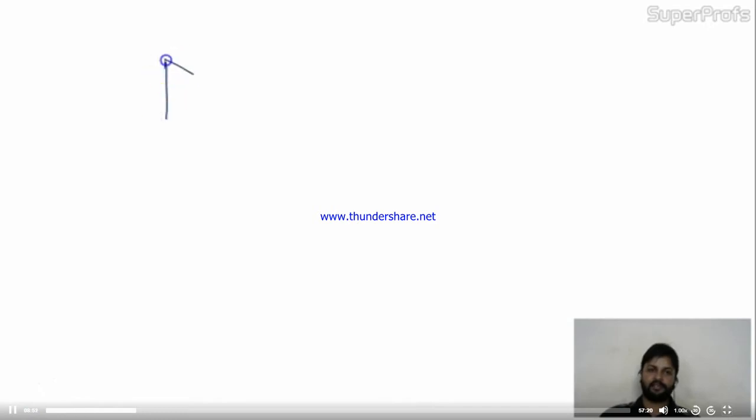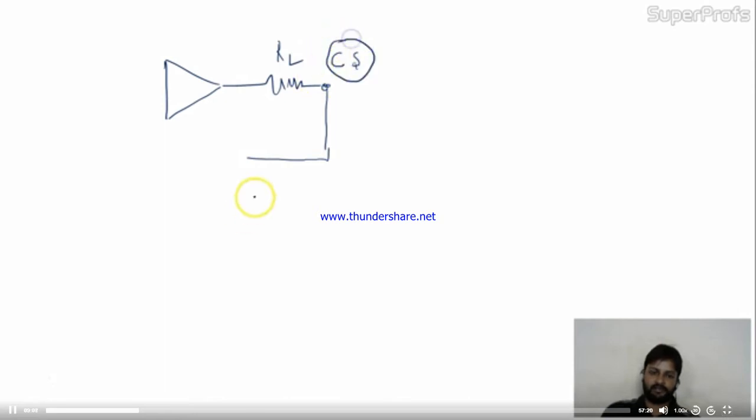Okay, friends, let me take another one. The circuit is given. The OPAMP circuit, this is RL, the load resistance. And after the load resistance, the feedback is going in. So you can easily understand that after the load, it means current source will be here. This is the feedback element. So total elements are 3.